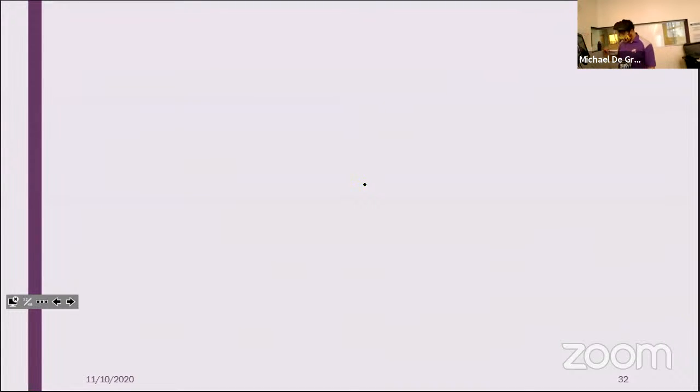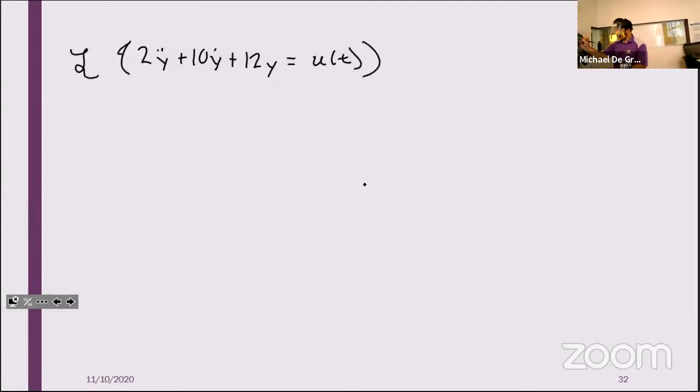So what is he talking about? Indeed, what is he talking about? Well, remember, the original equation was 2y double dot plus 10y dot plus 12y is equal to u of t. I took the Laplace transform of this entire thing, both sides. Given what we just came up with, the Laplace transform of this equation is 2 s squared y of s plus 2s minus 1.